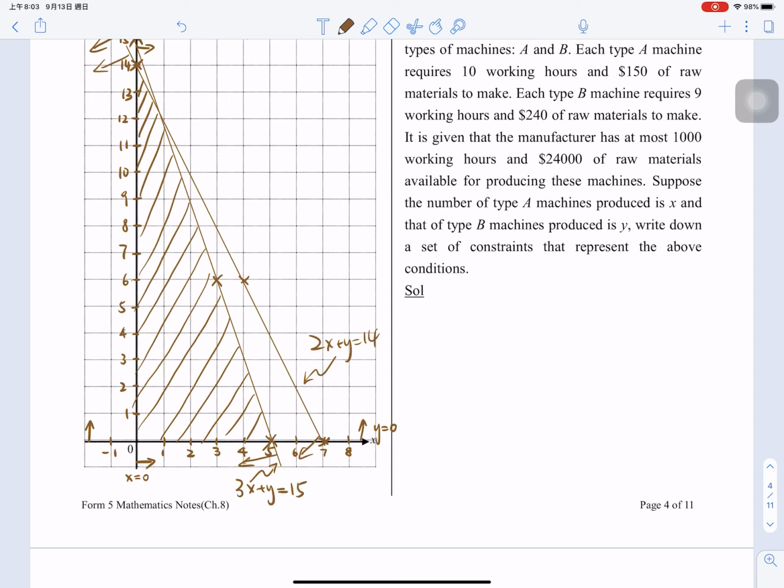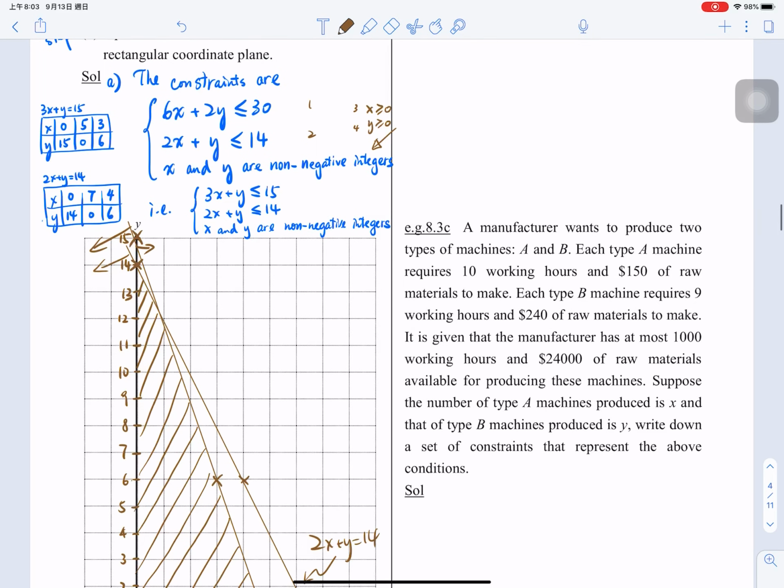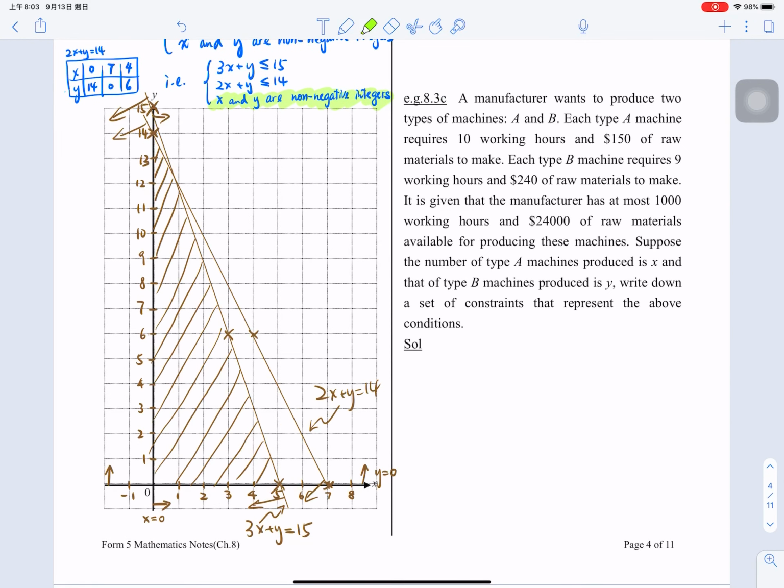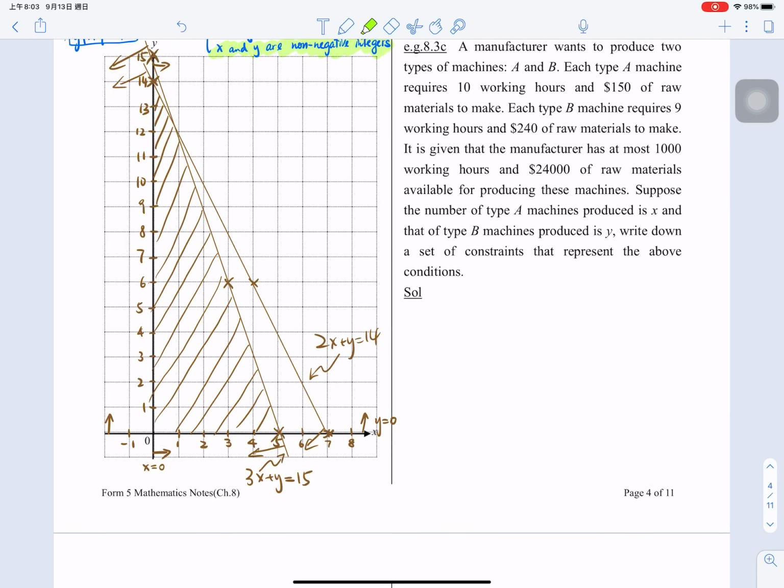Yeah, that's great. Is it a feasible solution? Yeah, remember x and y are non-negative integers, so not all the points in the shaded region. Then what are the solutions? You can mark it like this if you have time.